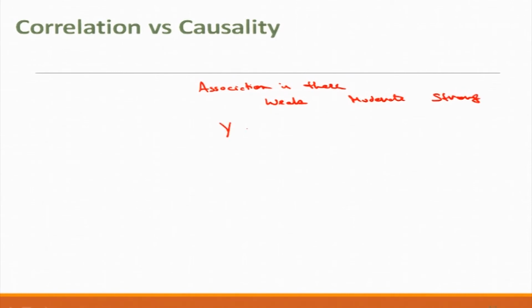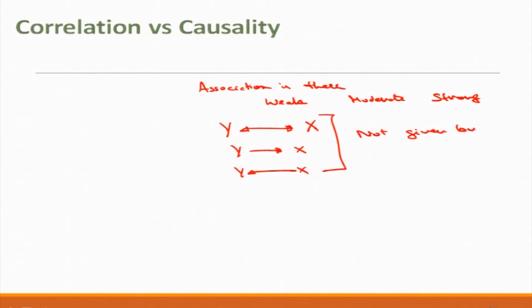But if y and x have association, it does not tell the direction, does not tell that x is being influenced by y or y is being influenced by x. This is not given by the correlation coefficient.